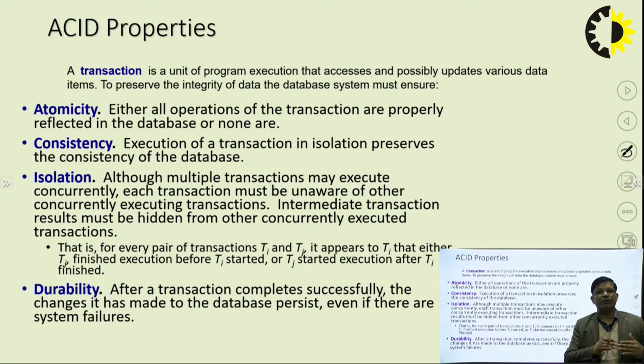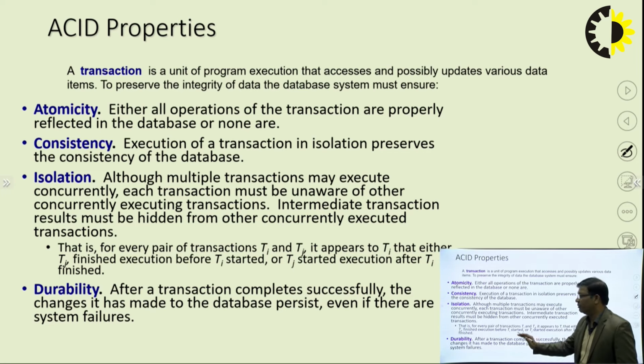Durability. Atomicity says a transaction is completed or not. If a transaction is completed, then the changes should reflect everywhere, even if the system crashes. The changes will reflect to all the databases.